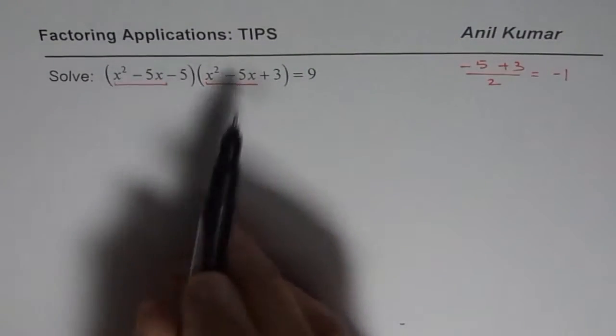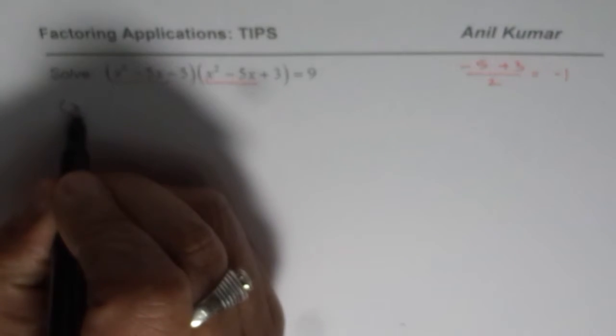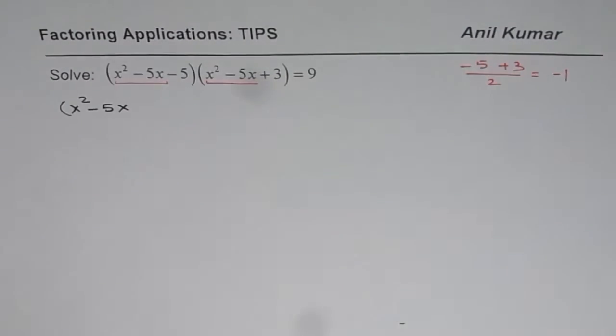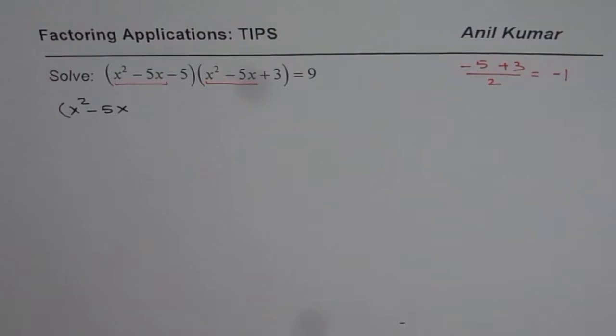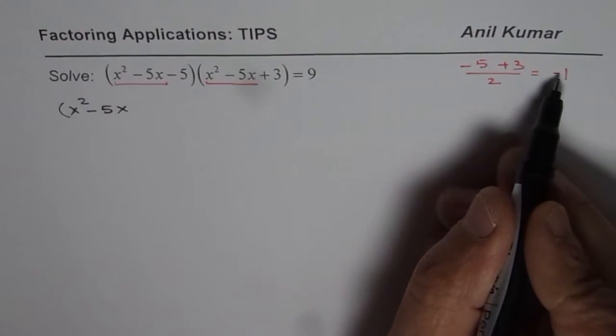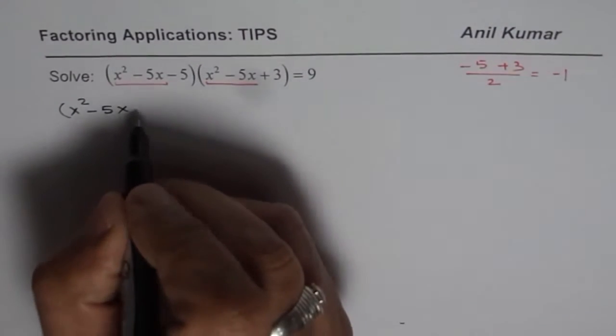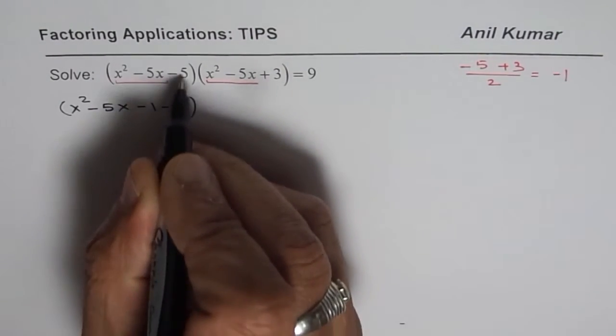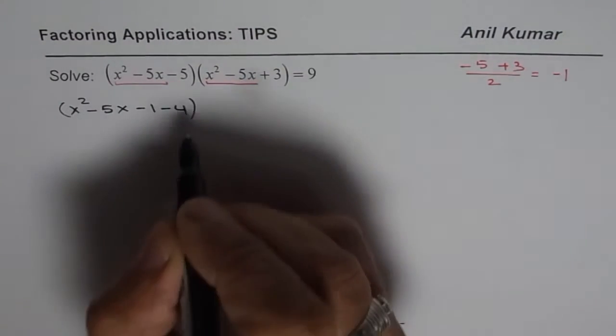We can write on the left side x squared minus 5x. Instead of writing minus 5, I'm going to write minus 5 as minus 1 minus 4. See, minus 1 minus 4, that is minus 5 for me.